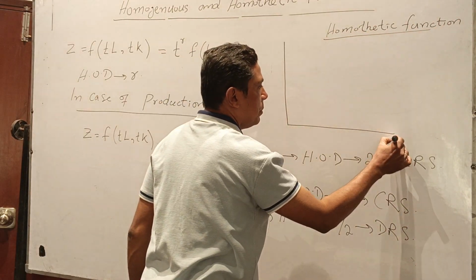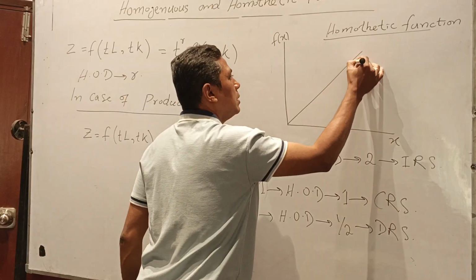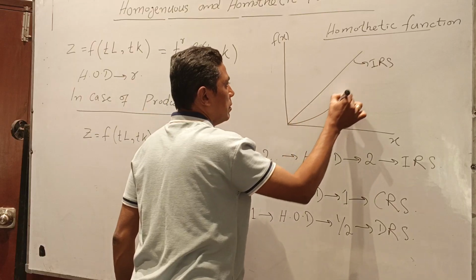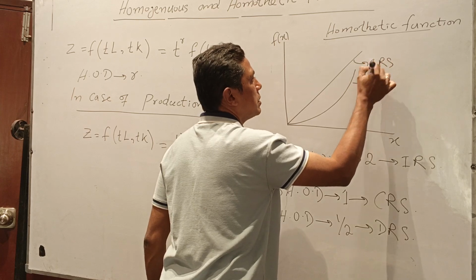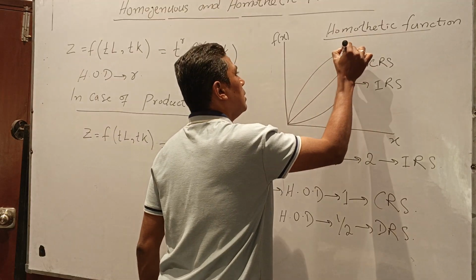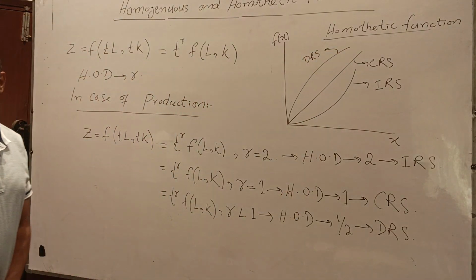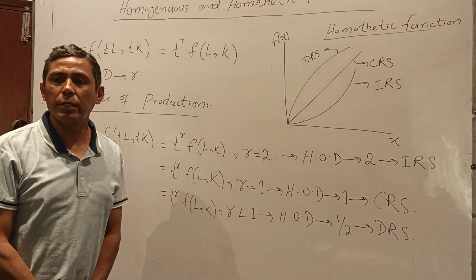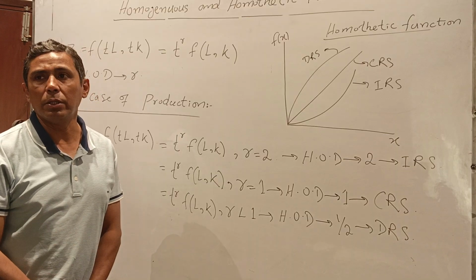So it is, for example, your f of x. This one is IRS, am I right? Sorry, CRS, IRS, and what about this one is DRS. Clear? It will be like this: increasing returns to scale, decreasing returns to scale, and constant returns to scale. So there are multiple possibilities here.